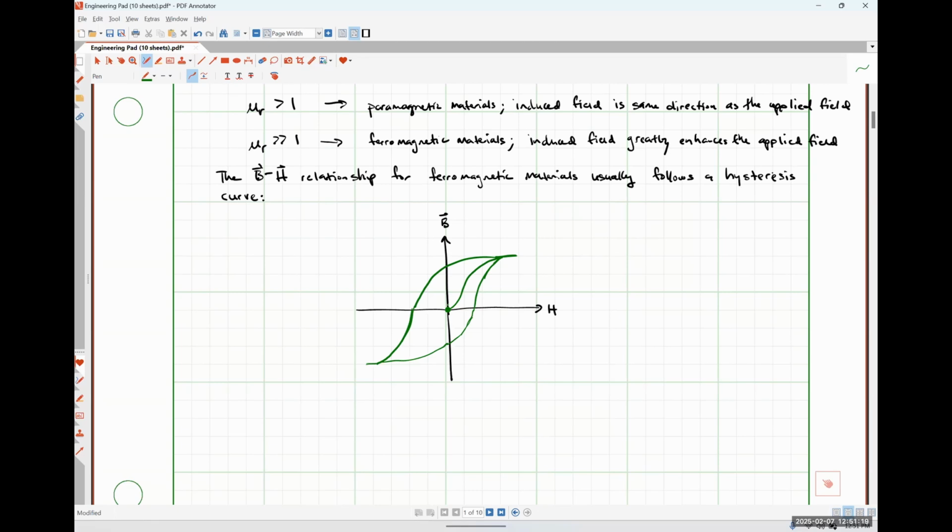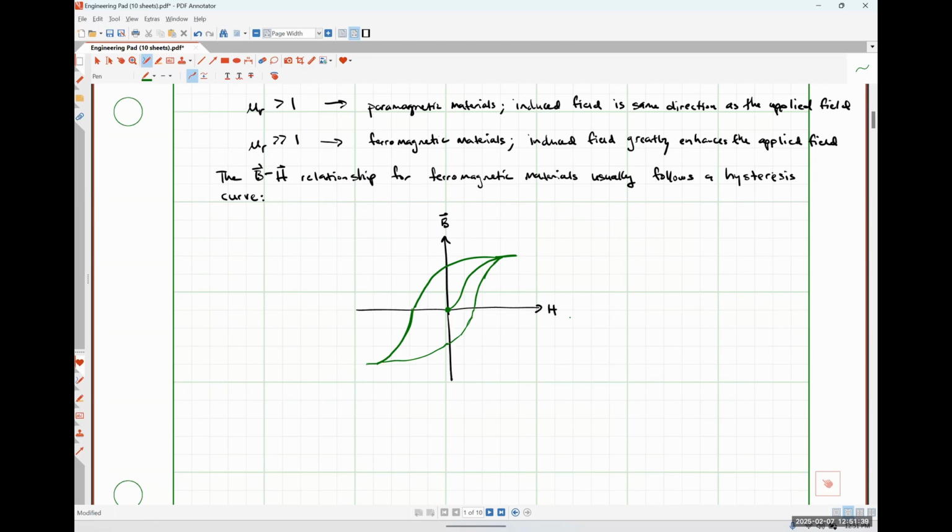So what we would do is we would place that raw material inside the field of an electromagnet, where the strength of the field generated by the electromagnet is proportional to the current. And so that's why H is measured in amps per meter, essentially, okay?